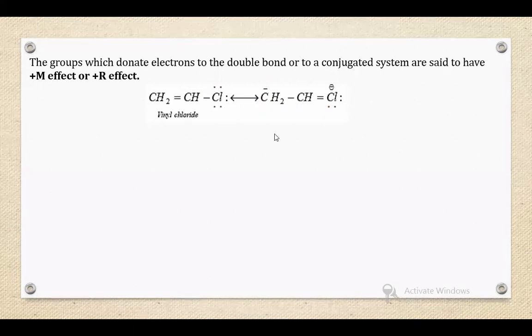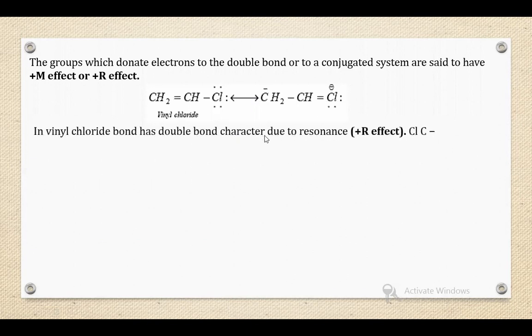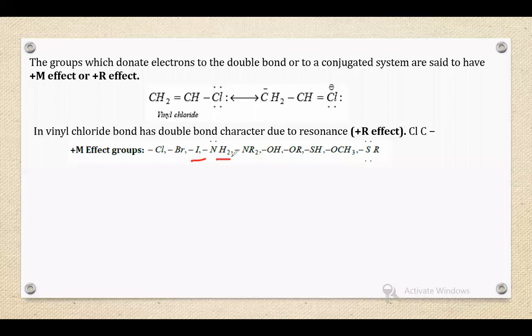Are you getting it? So which are the electron donating groups? In vinyl chloride, the chlorine is bonded to the double bonded carbon, and due to the resonance effect the C-Cl bond gains double bond character. The groups showing a plus M effect are Cl, Br, I, NH2, OH, OR, SH, OCH3 and SR. These are electron rich groups, so they can easily donate electrons to the neighboring carbon.